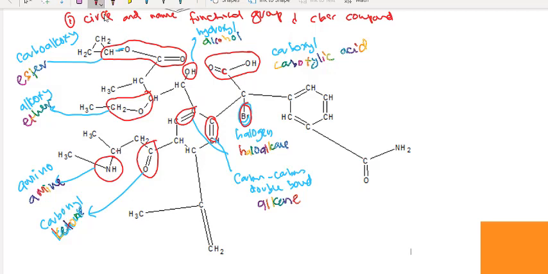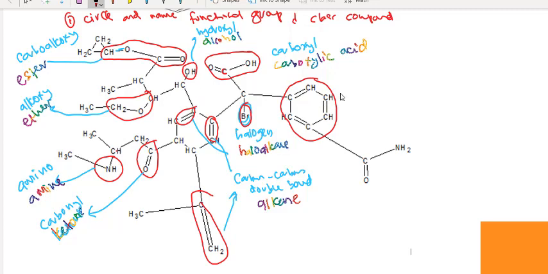Okay. Next, apa lagi? Kita ada C double bond C sama macam tadi. Sama macam ni, this one. Okay, so next we go through one carbon to one carbon. Oh, we got C double bond C, C double bond C, C double bond C. Okay, so this one is not a carbon-carbon double bond. This is not alkene. Okay, so by referring to your jadual yang awak buat sendiri tadi.